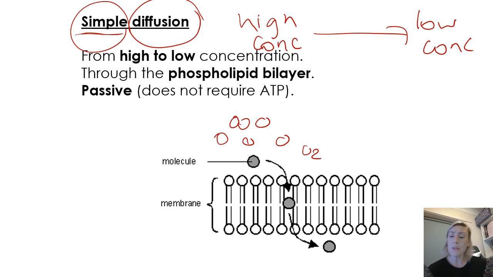But there were some molecules that we introduced that have to take a different route through the membrane. So now we have a different way of describing that kind of diffusion.